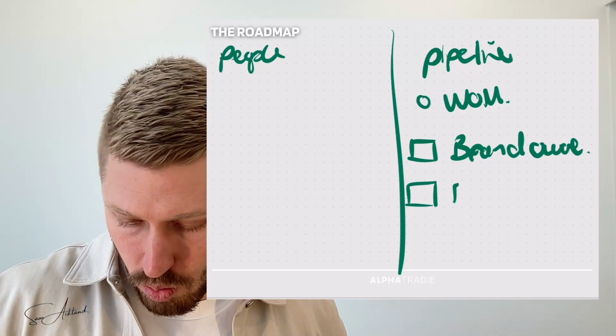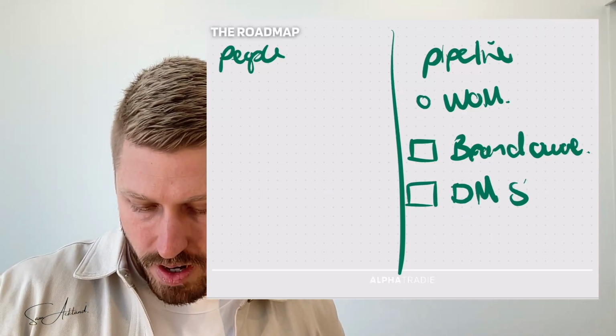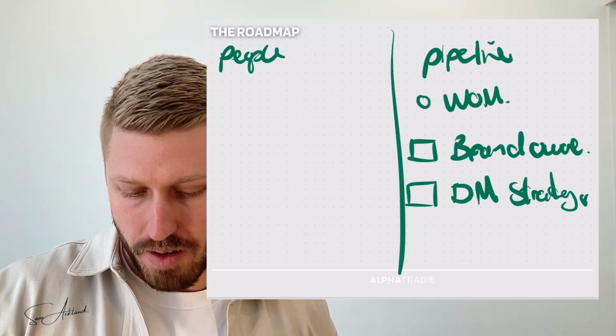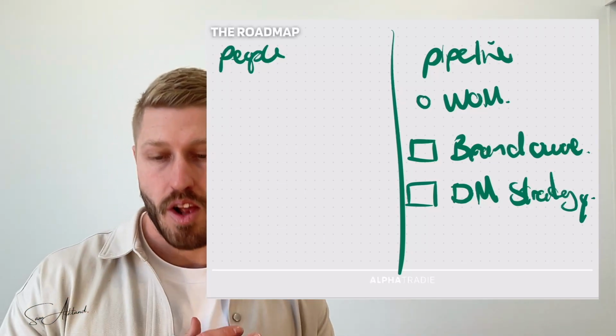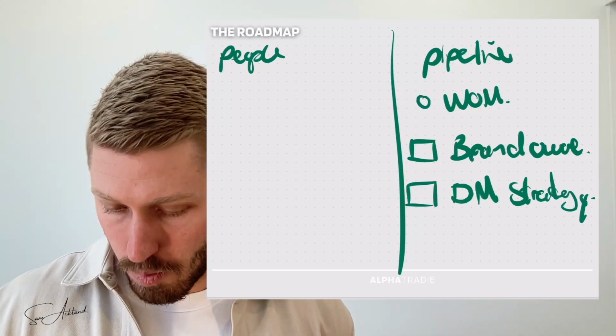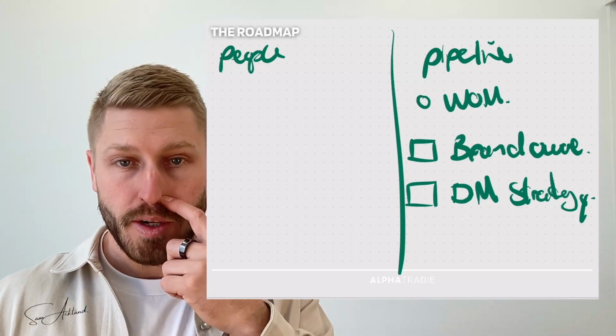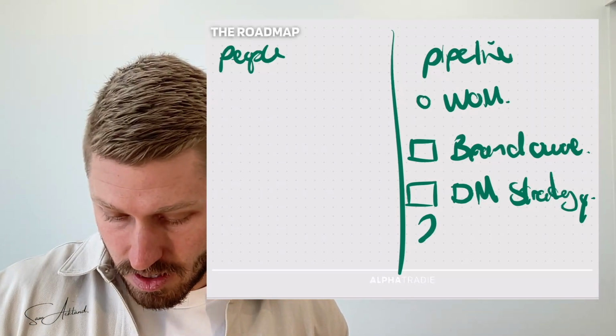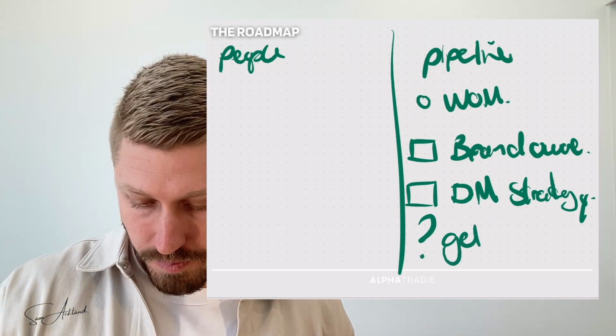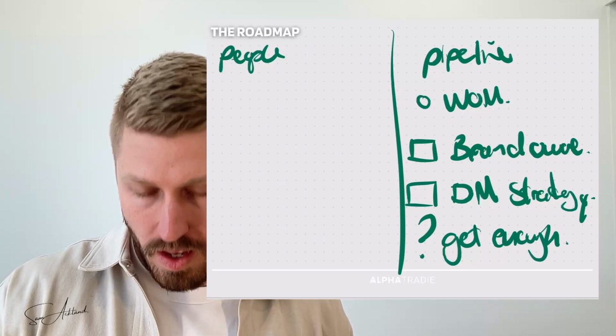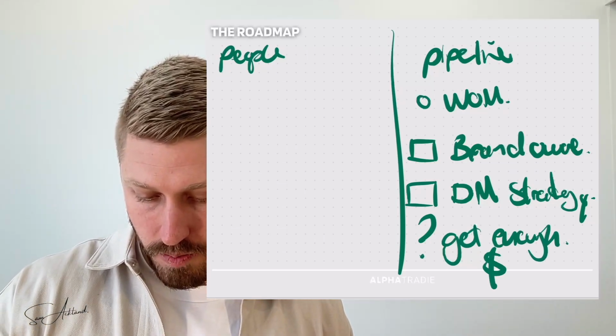But what we can also roll out is a DM strategy. And we go into a fair bit of detail in this throughout different workshops. But these are two of the components that we would need to understand. Can we get enough? And then at what cost?